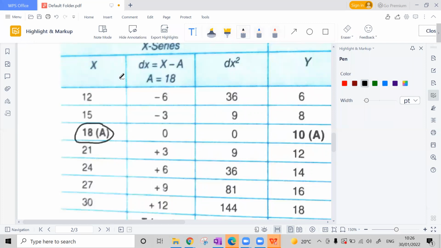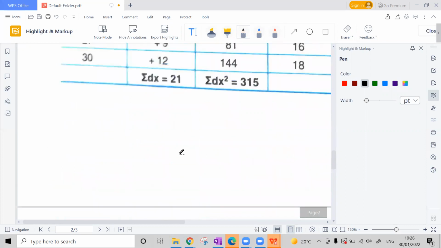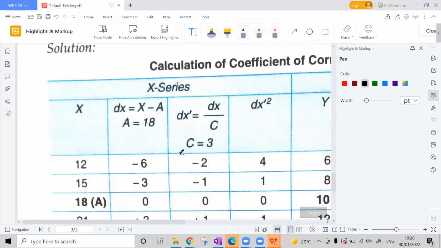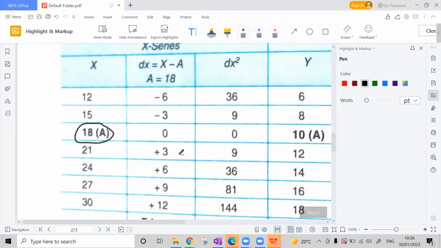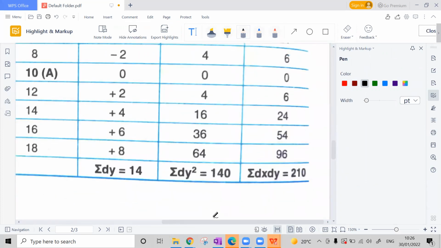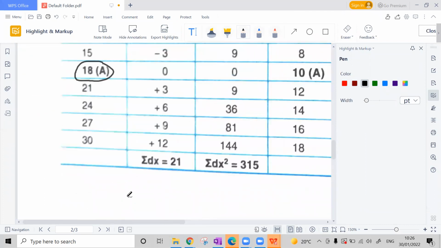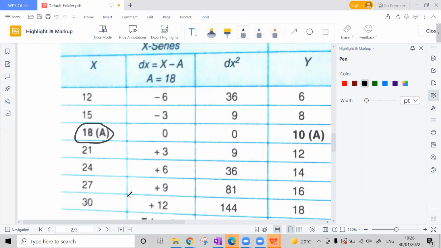Write down x first of all, everyone. Then we will go on to the formula of the shortcut method. Once you note down, please tell me, then we will move further. Note down x first, everyone. And this 18 is the assumed number here.